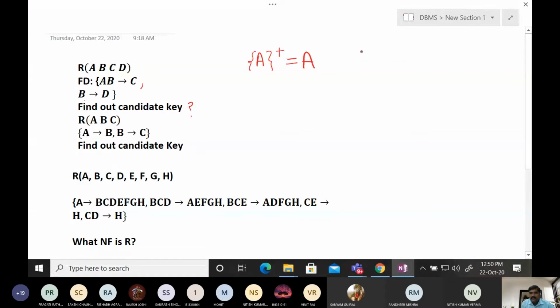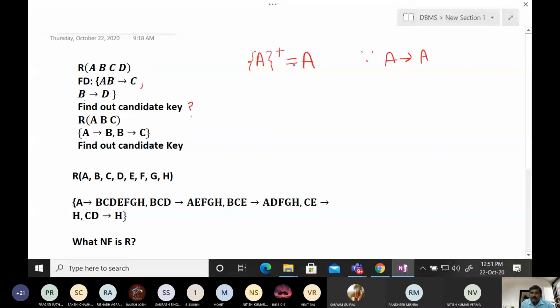Because A determines A due to the reflexivity rule. Through this reflexivity rule, we store A into A plus. Now there is no FD in which the left side attribute is A, so we will stop over here.